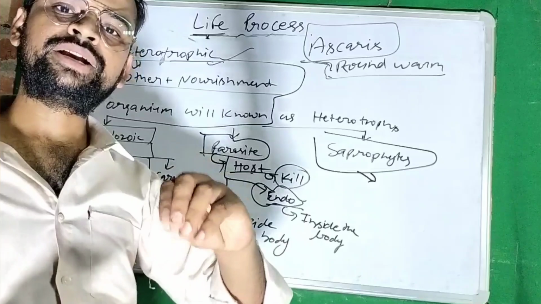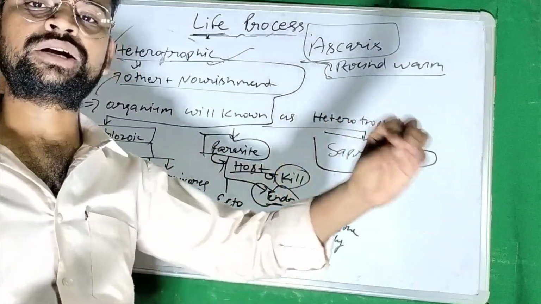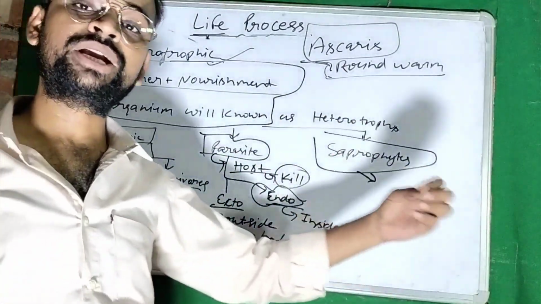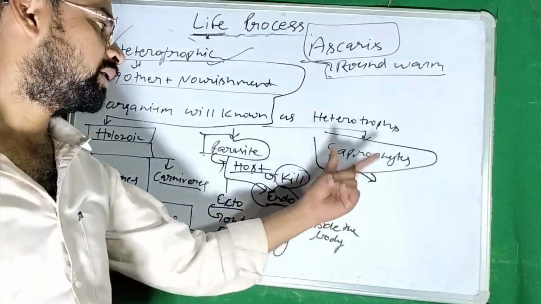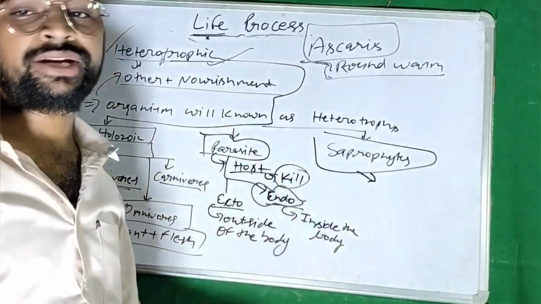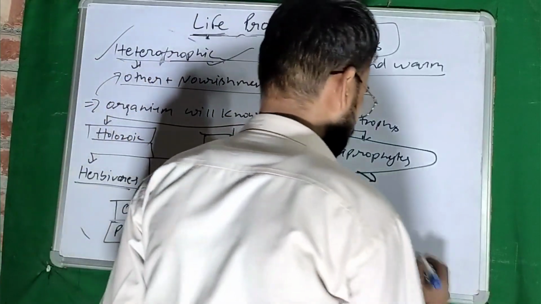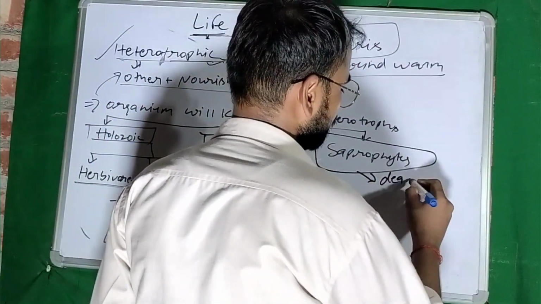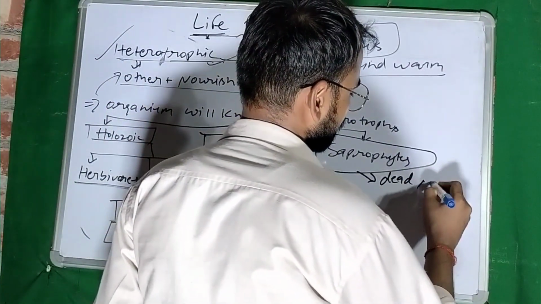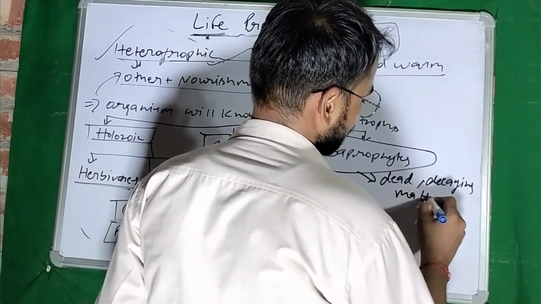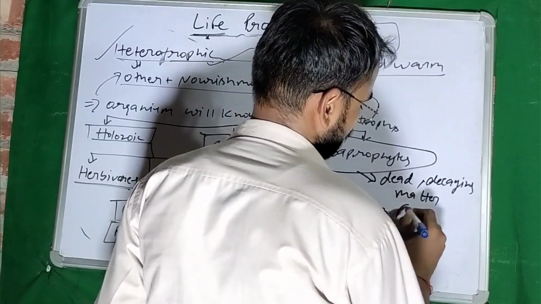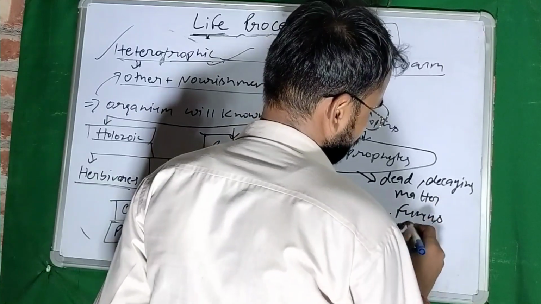You can observe some white substances on the bread. That is known as bread mold. It is a type of fungus. It grows and obtains its food from dead and decaying matter. The best examples are fungus and some bacteria.